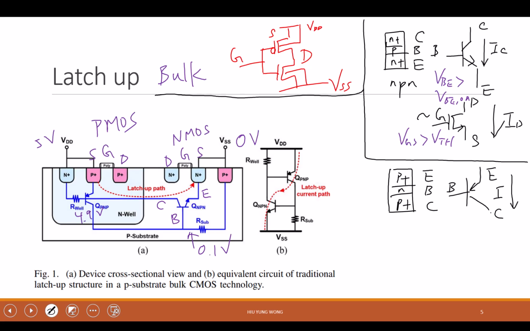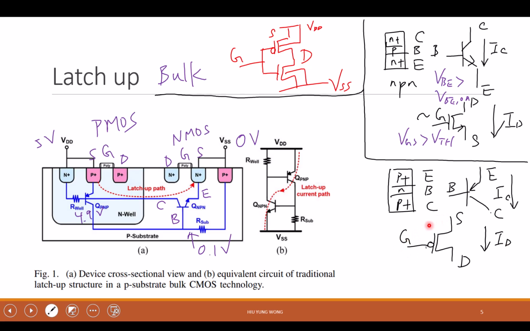Am I right? This is the emitter. Yeah, I just call this IC. Again, this is very similar to a PMOS, GSD, where you have the ID going from high potential to low potential, right?